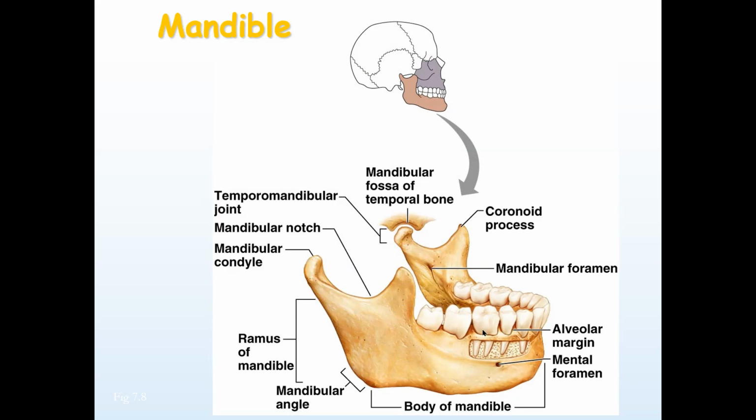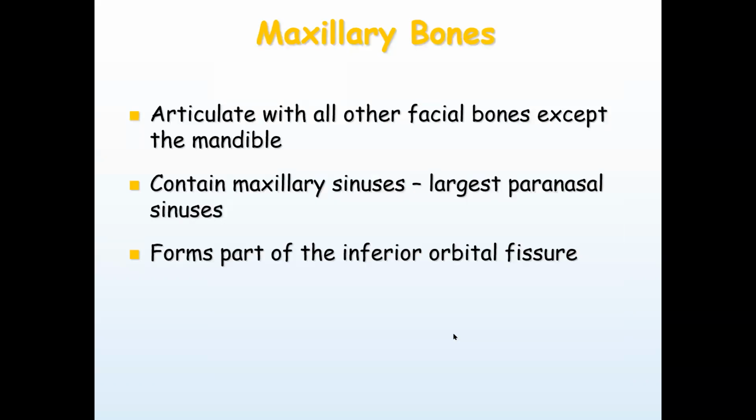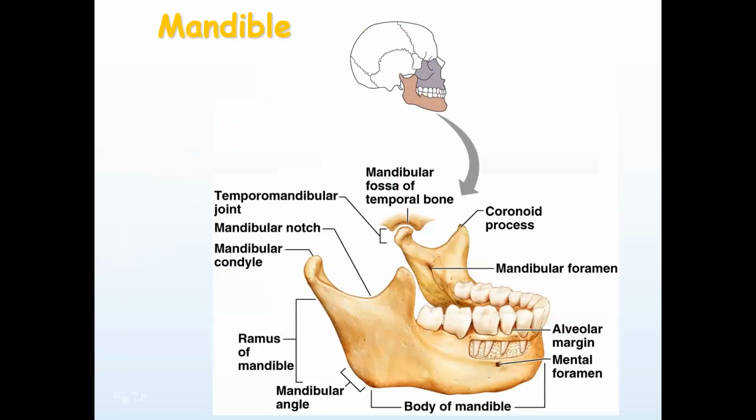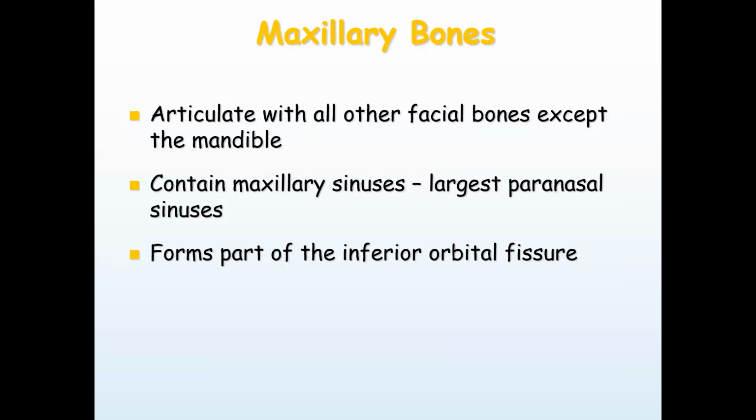So when you bite down, what you're essentially doing is pressing whatever you're biting up onto the teeth of the maxilla, and you squeeze them together between the enamel of the teeth, trying to break it open, right? Now, the maxilla, this is the upper jaw, right? It articulates with all other facial bones except the mandible. And this one contains the maxillary sinuses.